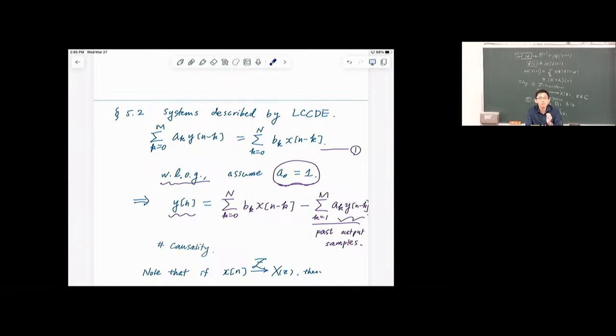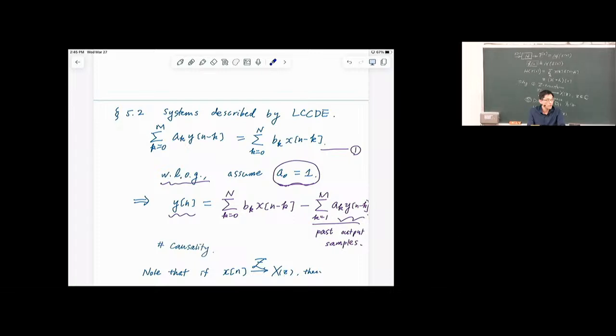So this system can be implemented by a for loop or a while loop, using any CPU or any computation resource you have. Because now time goes forward, there's no need to wait until the future in order to calculate the present sample. That's why we like this expression.